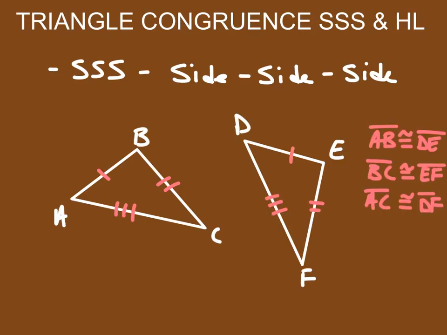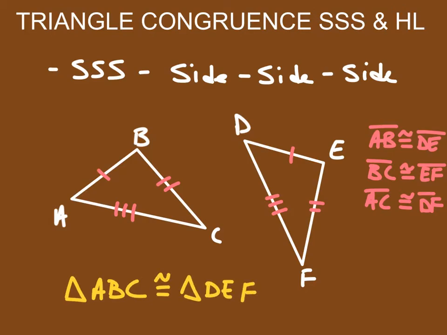And so what I have is that each side of a triangle is congruent to another corresponding side of another triangle. And what I can now say, because if I know that all three sides are congruent to all three sides over here, is that triangle ABC is congruent to triangle DEF.